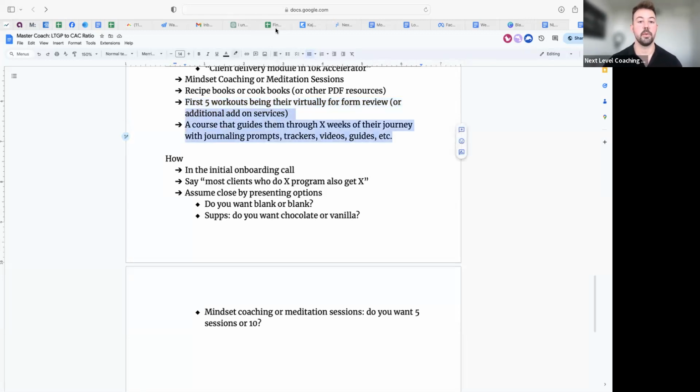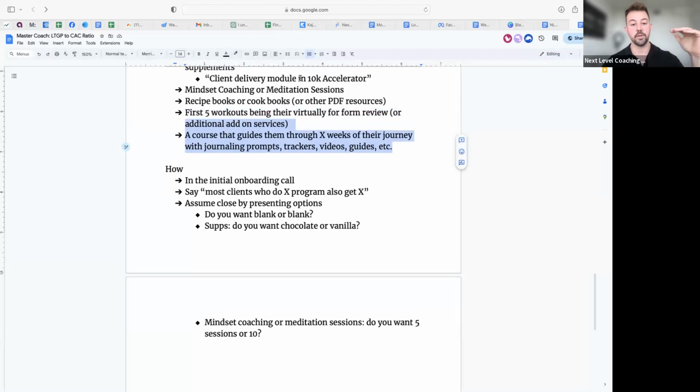Or another option would be a product, right? So we have additional service, but we also have products. So potentially you can create a course that guides them through the 12 weeks of their program or the 16 weeks of their program. And inside of that course, you have journaling prompts, you have trackers, you have videos, you have guides that only they can access if they purchase this thing within the first 30 days.